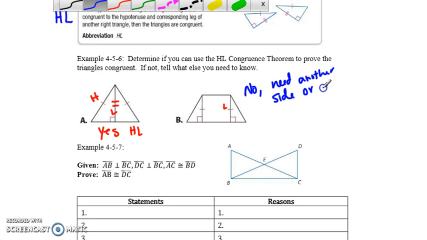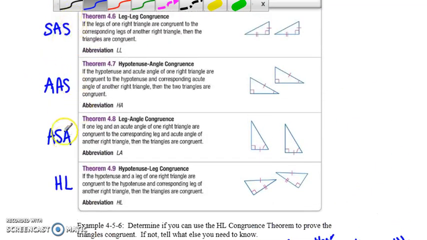Or we need an angle of the triangle so that we could do any one of those, but we definitely need the hypotenuse if we want to use hypotenuse leg. Otherwise we need another side or another angle to use one of these three.